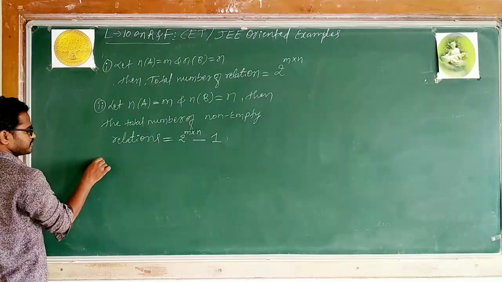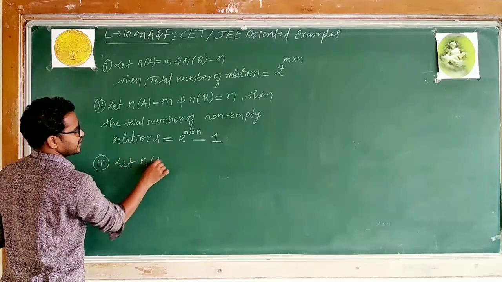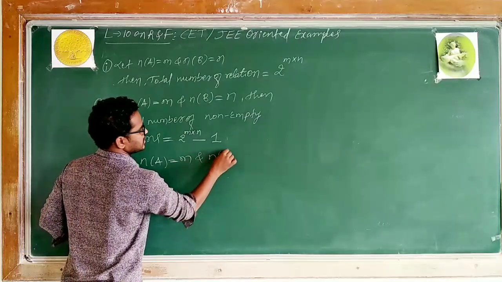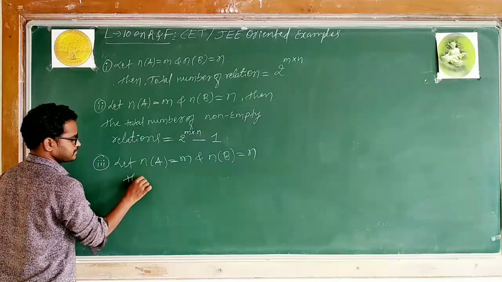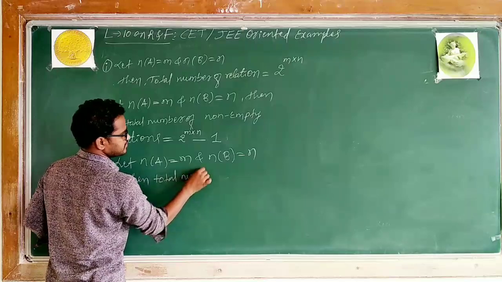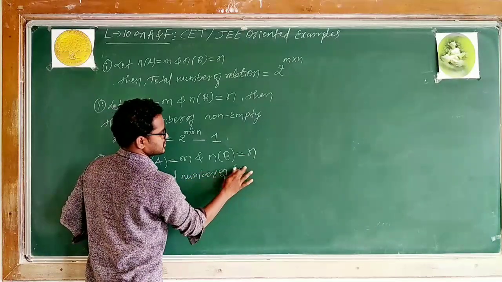Third, let n of A be equal to m and n of B be equal to n.